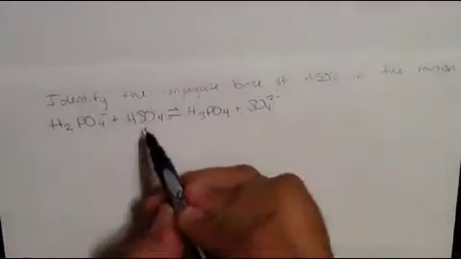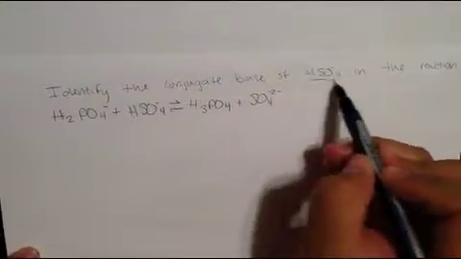In this problem, it's asking us to identify the conjugate base of HSO4 negative in the reaction of H2PO4 negative plus HSO4 negative dissociates into H3PO4 plus SO4 2 negative. So it's just asking us for this particular one.